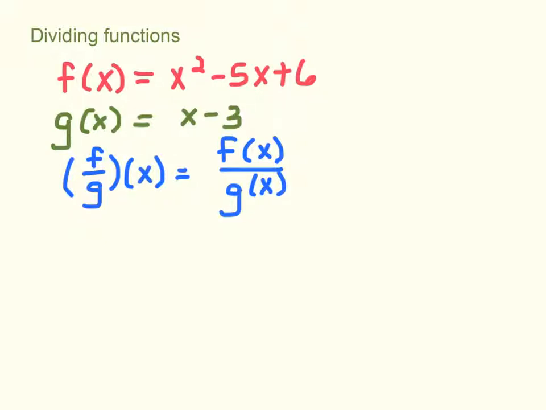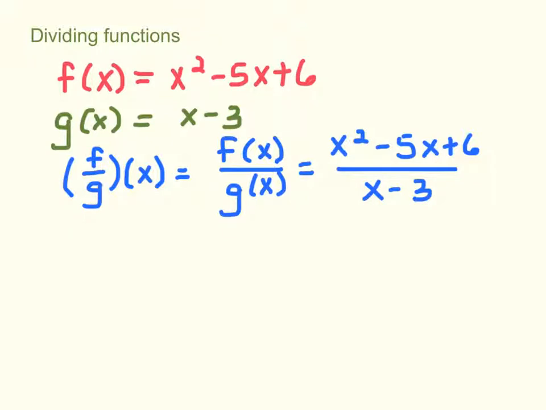In this particular case, we've got f of x is equal to x squared minus 5x plus 6, and g of x is equal to x minus 3. The function division, f over g of x, means f of x divided by g of x. So that would be x squared minus 5x plus 6 divided by x minus 3.